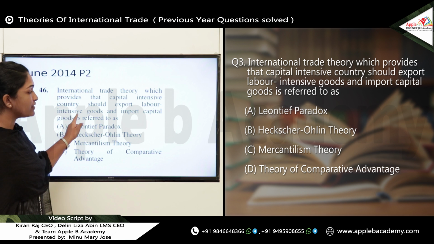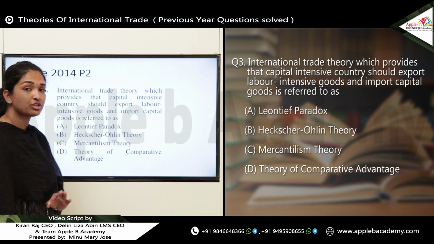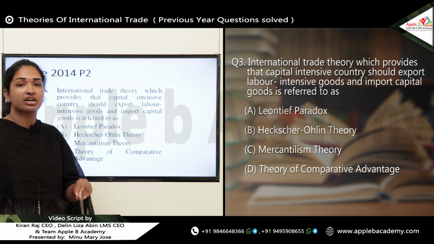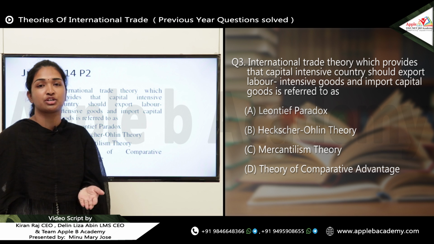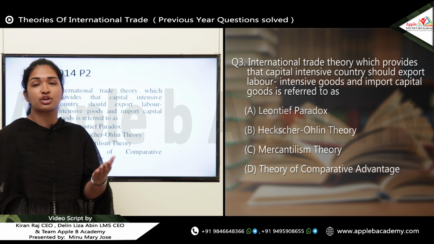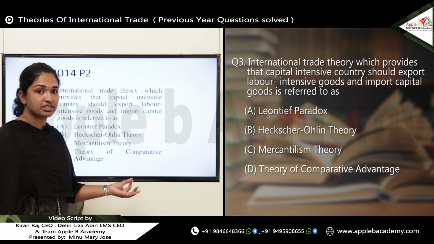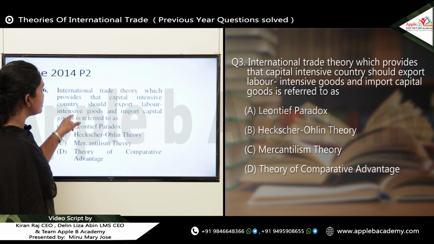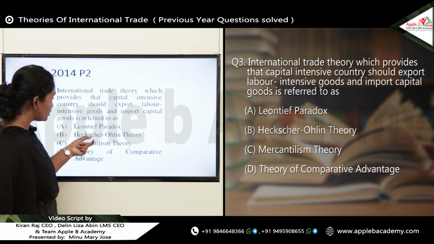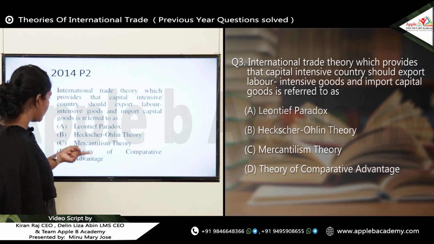So this does not match the idea given here. And also the theory of comparative advantage: according to it, a country should export or specialize in the production of those commodities in which it has a relative advantage or maximum cost advantage. But this also does not match the idea given here. So this leaves us with two options, that is option A and option B.